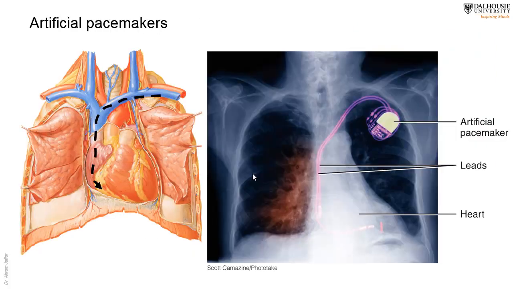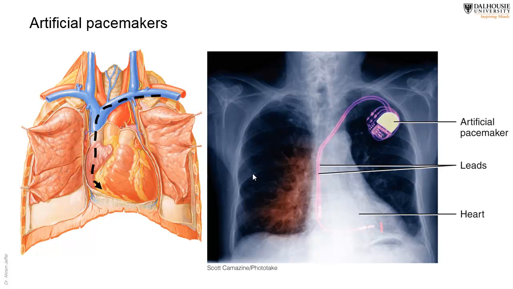And as I said, if there is anything wrong with this conductive system, this might result in either fibrillation, excessive contraction, excessive triggering, or it might result in block. In case of heart block, nowadays they use what we call an artificial pacemaker.